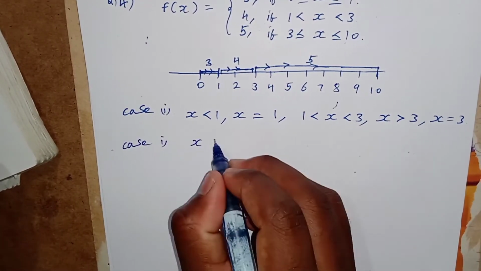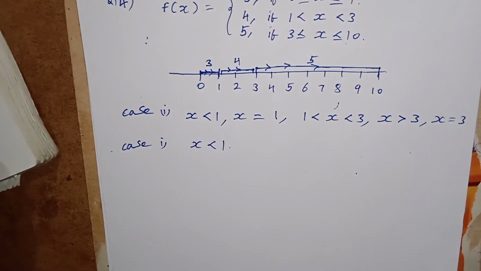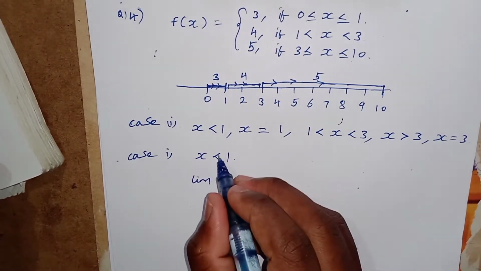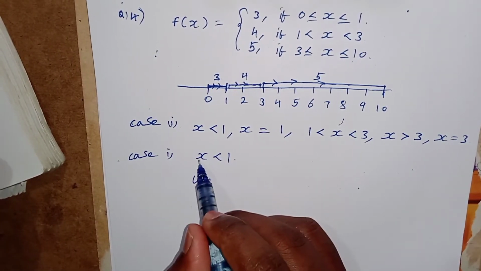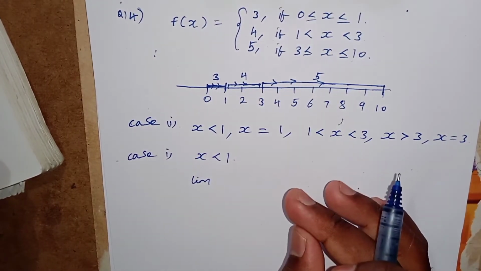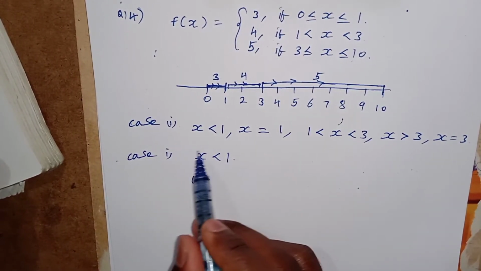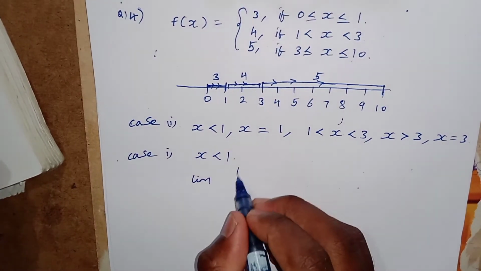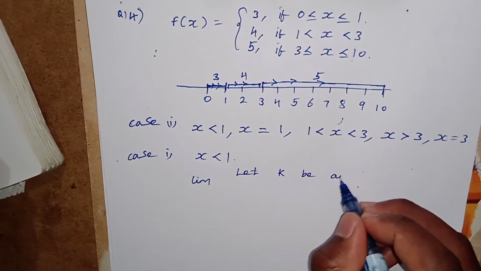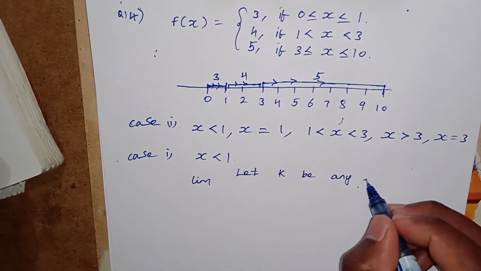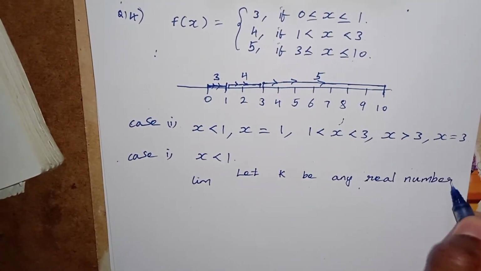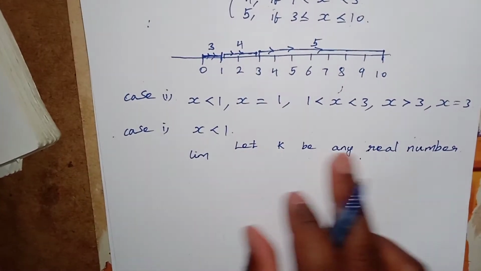Next, case 1, here x less than 1. We know that for a point we will check left hand limit, right hand limit and f of a. Here it is not a point, therefore you have to take let k be any real number.